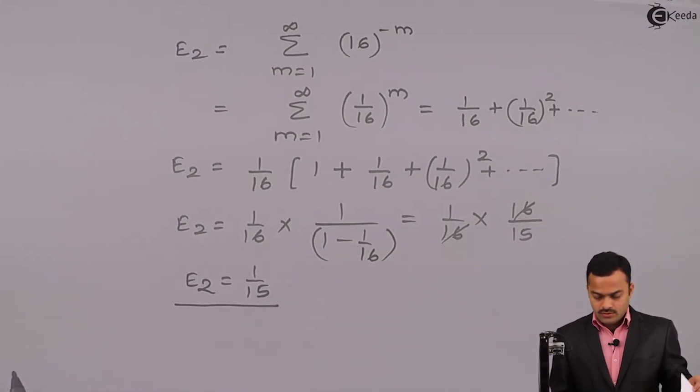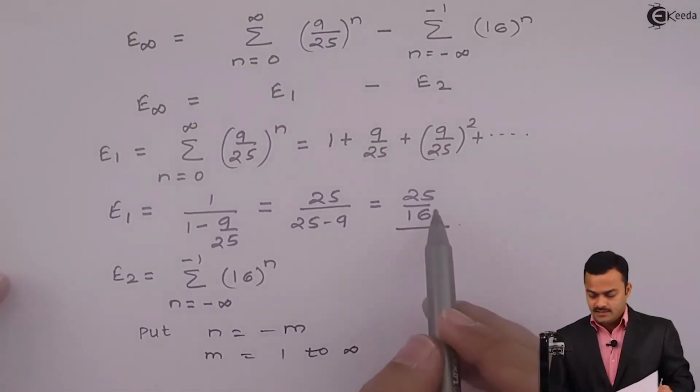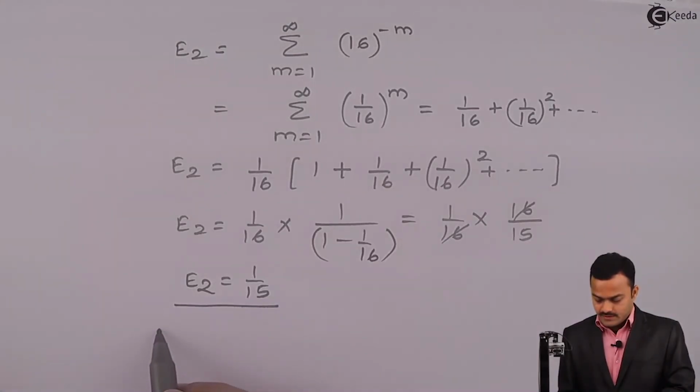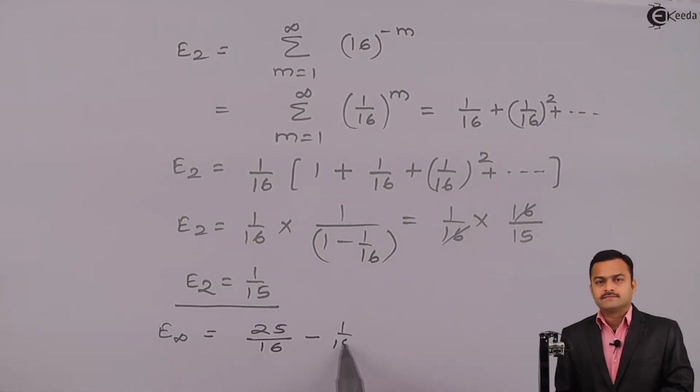So we got energy 1 as 25 by 16 and energy 2 as 1 by 15. In the end, E infinity will be 25 by 16 minus 1 by 15.